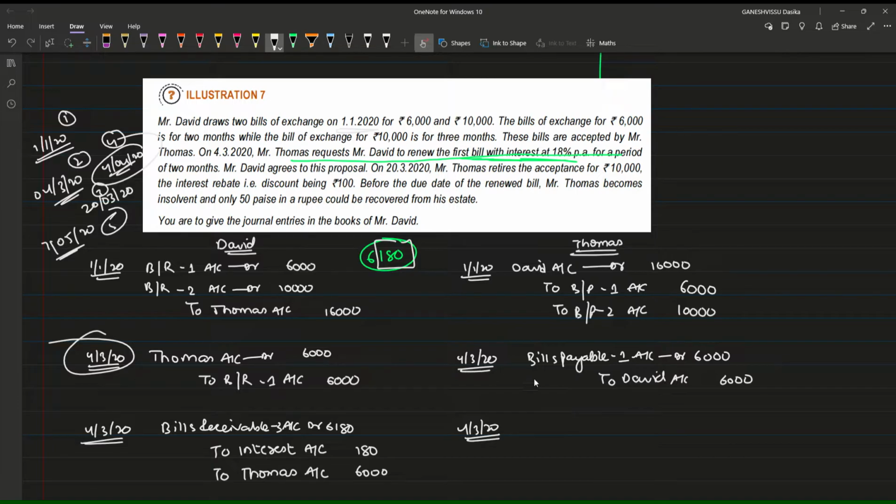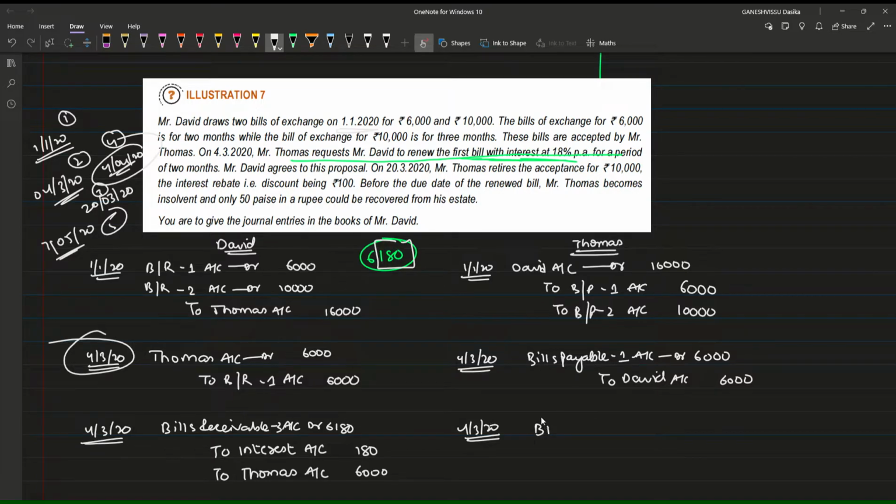What I'm going to explain once again, no problem. The first bill's payable has been cancelled, due to which David again becomes a creditor. After accepting the third bill, David will now be removed from our books, that is, Thomas's books.